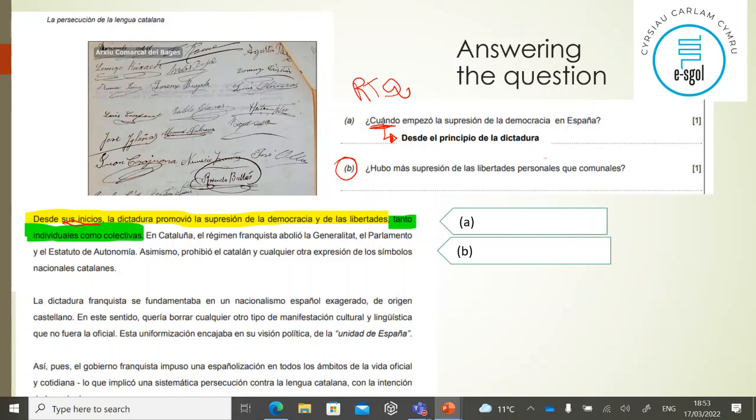And what is the answer? So the dictatorship promoted the suppression of democracy and freedom as much on the individual side as the collective side. So one answer could be, hubo supresión de las dos libertades.